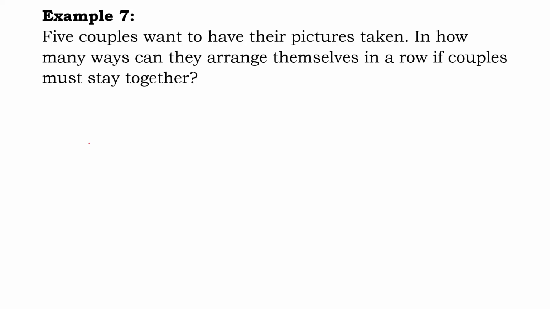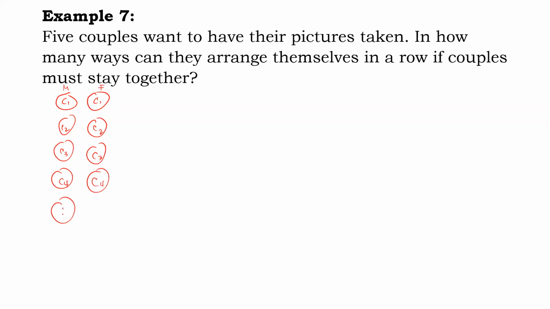Halimbawa, meron tayo dito, ito, si couple 1. Sabihin natin ito yung male. Halimbawa, dito yung male, dito yung female. Si couple 2, couple 3, couple 4. We have here couple 5.